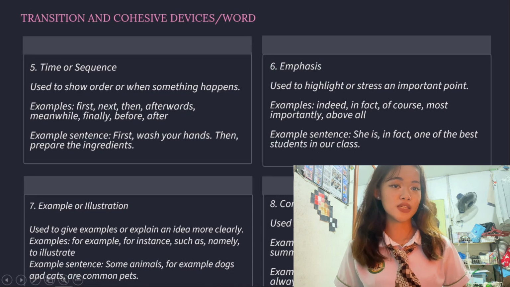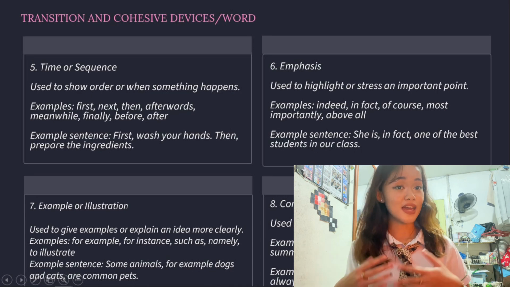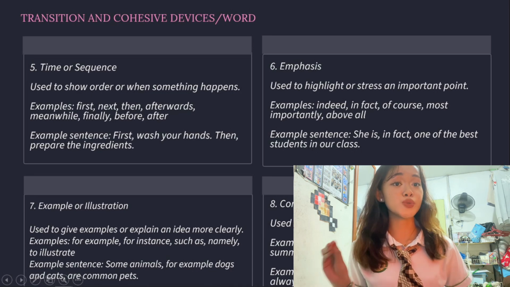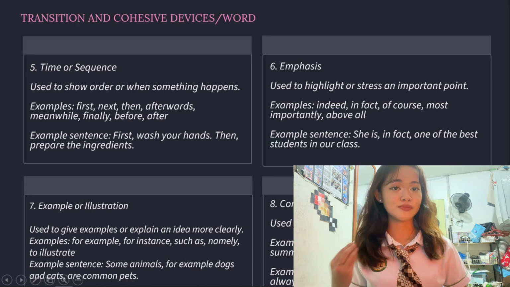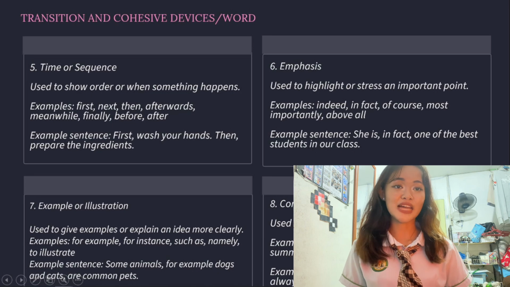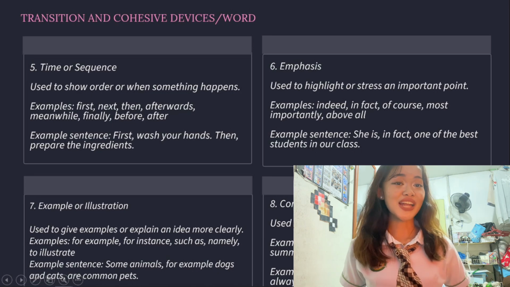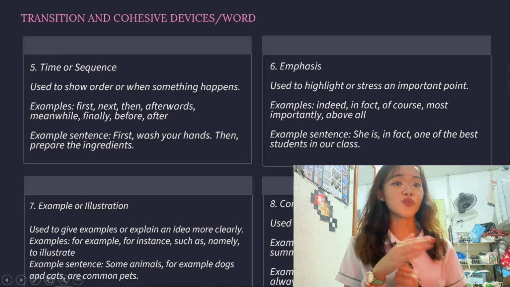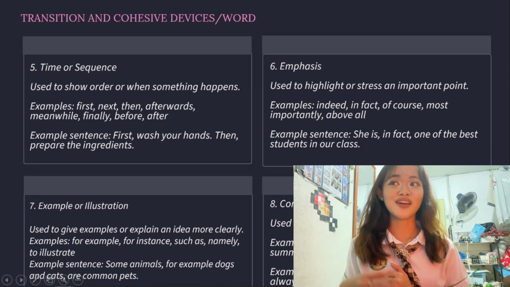So you basically just add an example after introducing a certain situation. In this case, she is introducing animals and then uses the dogs and cats as an example as to what she is referring to.